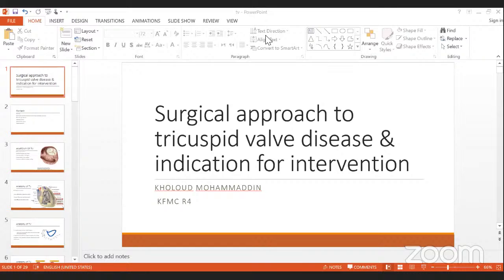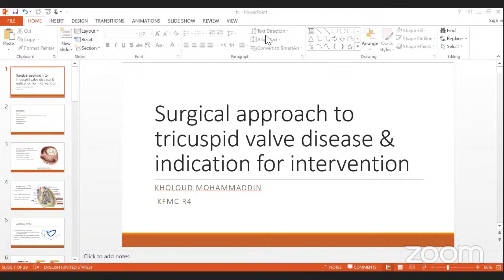Then we applied an annuloplasty ring. It was a little bit strange because the cleft is a hole, imagine, and even if you apply an annuloplasty, the regurgitation will occur through that area. So you need to examine the valve, and before that, you need to examine the echocardiography to know exactly what the mechanism of the TR is.